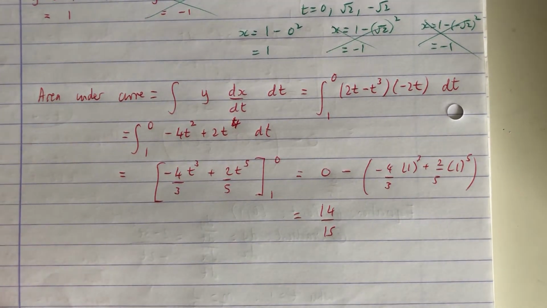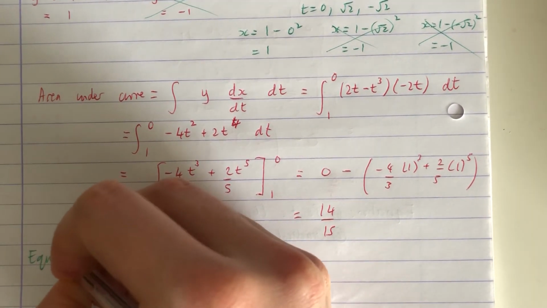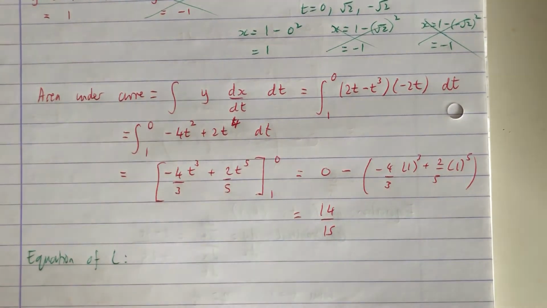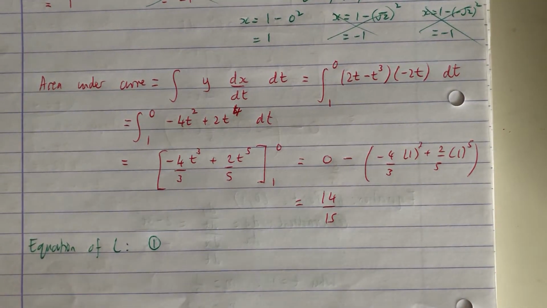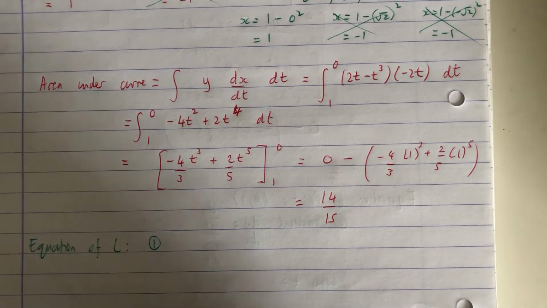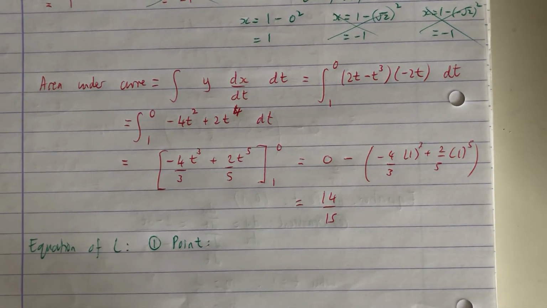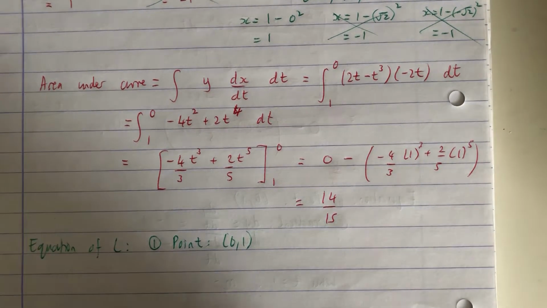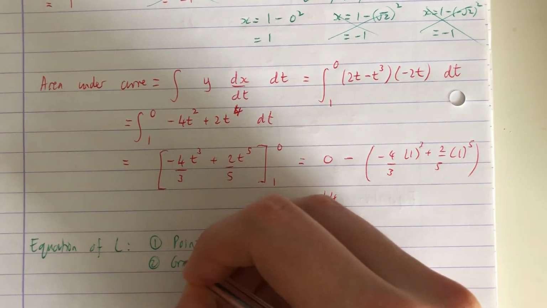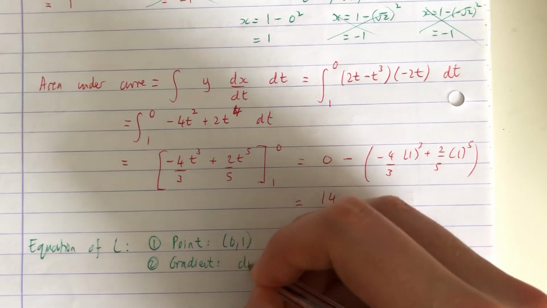So, equation of L. I'm going to state 3 things. The first of those 3 things is a point on the line. Now, a point on the line was 0, 1, if you look at it, point P. Gradient of the line. Because this is attached to a curve, I need to use dy by dx.